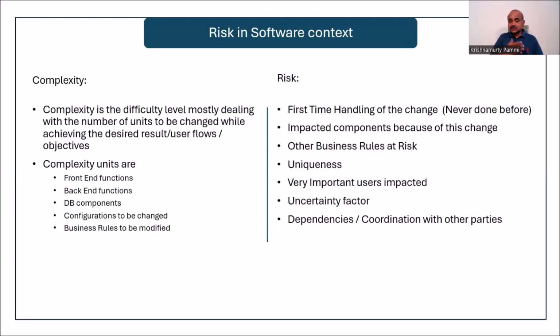That means the technology may be unique, so you may be doing it for the first time. Similarly, the outcome of it is very important. Users like CXOs, CEOs, those people are actually going to use this user story. So you have to really test it well, right? And there's an uncertainty factor. There are a lot of dependencies. You have to discuss with multiple people. Today, the design is like this. Tomorrow, it might change. So these are the risk factors.